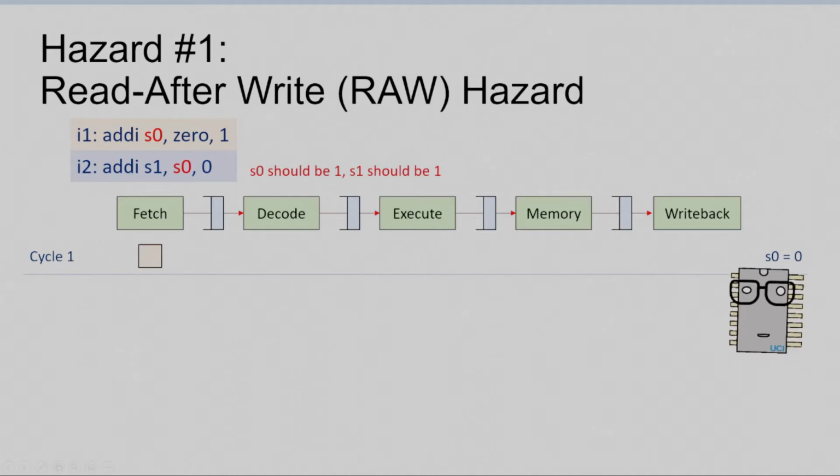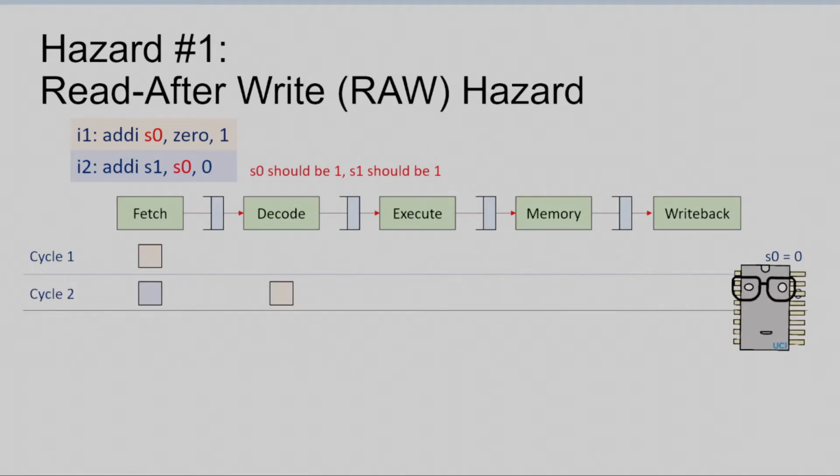Unfortunately, let's walk through the instructions. At the first cycle, the first instruction is injected into the fetch stage, so the request for instruction 1 from memory is sent out. At the second cycle, instruction 1 is read. Now it's inside the decode stage.